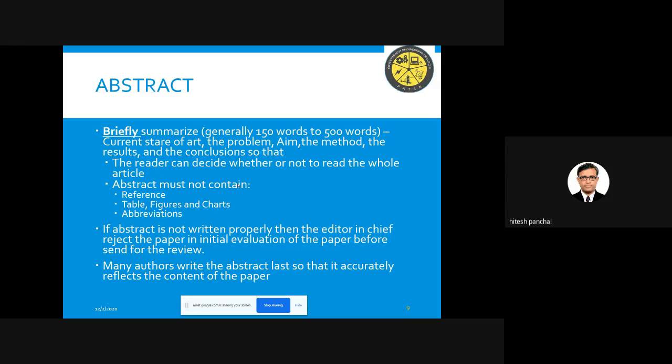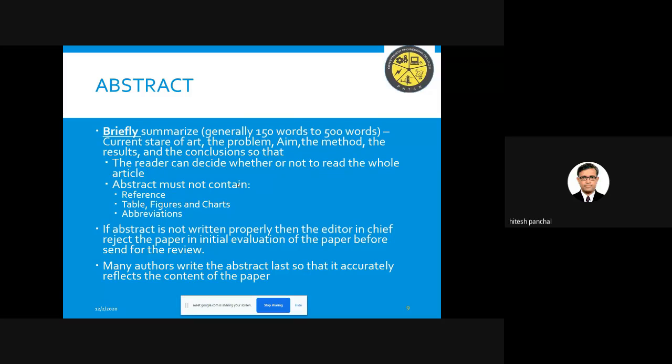The abstract should contain the current state of the art, the problem, aim, method, results, and conclusion. That means it shows a brief summary of the whole research work: the current state of the art, your problem definition, your aim, which method you are following, the results you have obtained, and the conclusion.